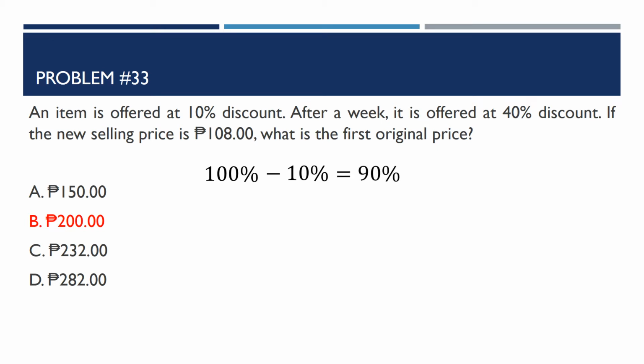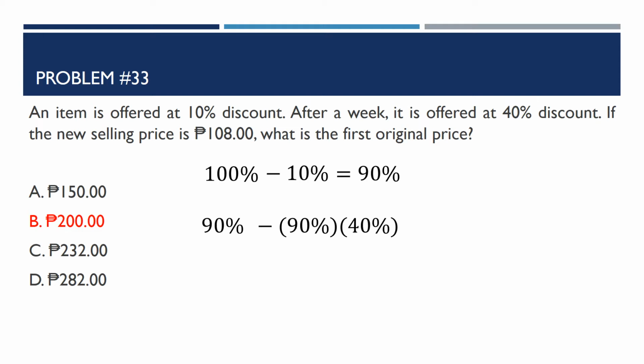So the new price will be only 90% of the original price. And then after that, the 90% is deducted again with the 40% discount, which is not exactly 40% because it's 40% of the new price, which is 90% only of the original price.